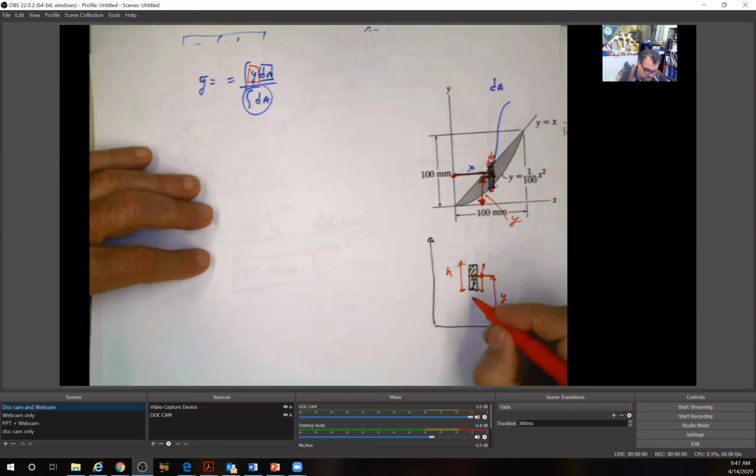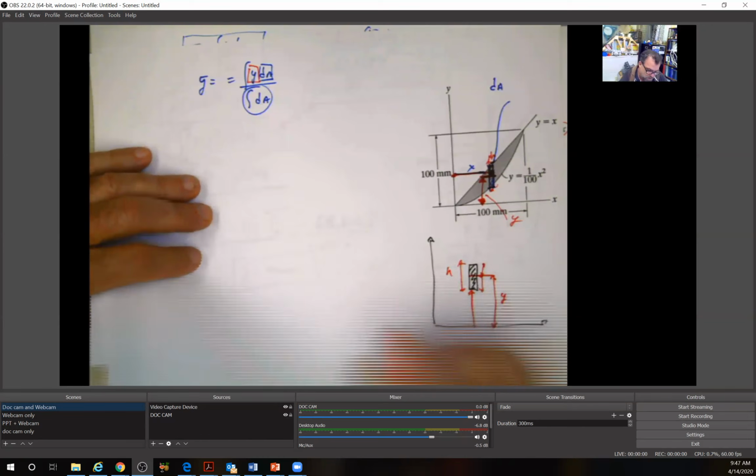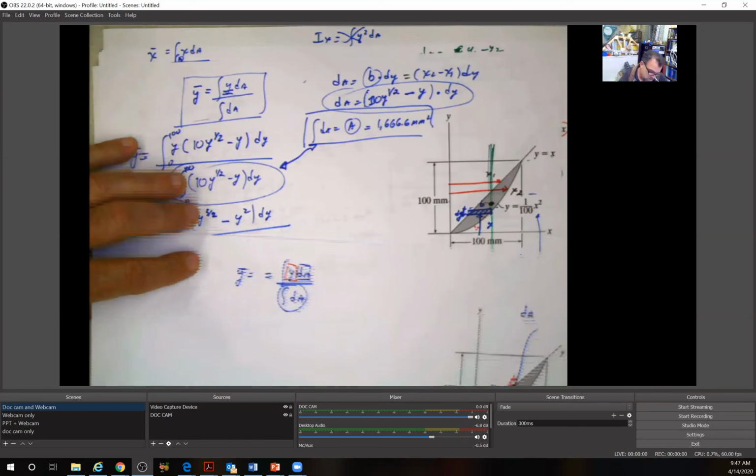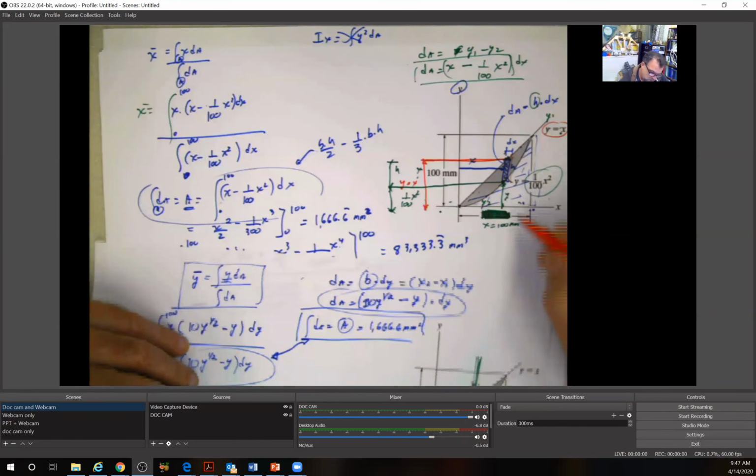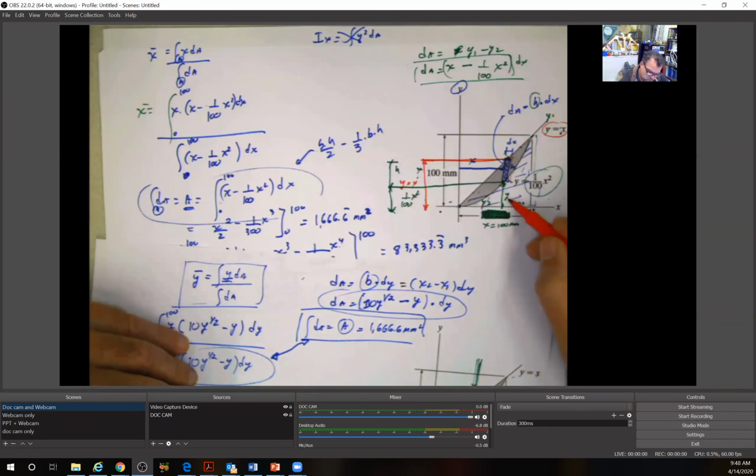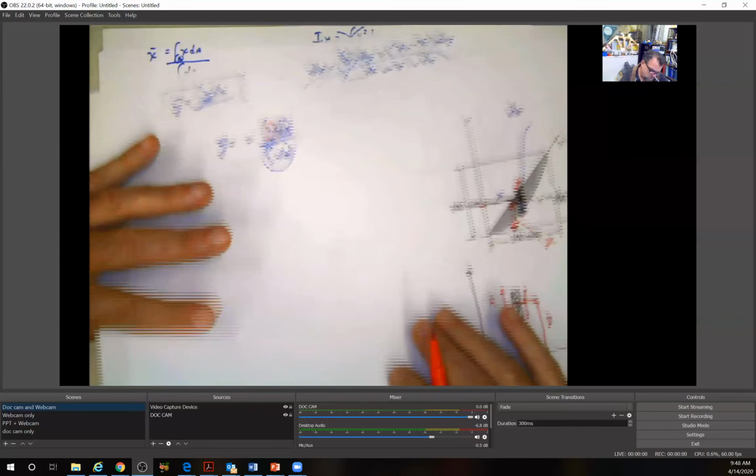Then the correct distance will be this one, which in this problem we call y2.